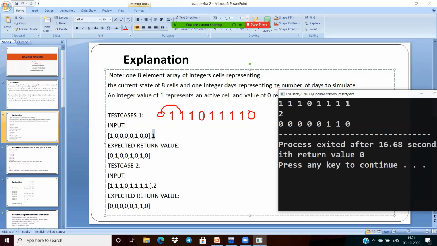So now 0 and 1, how can it be modified? 0 and 1 means it can be modified to 1. Next 1 and 1, so it is 0. Next 1 0 is 1. Okay, 1 0 is 1.